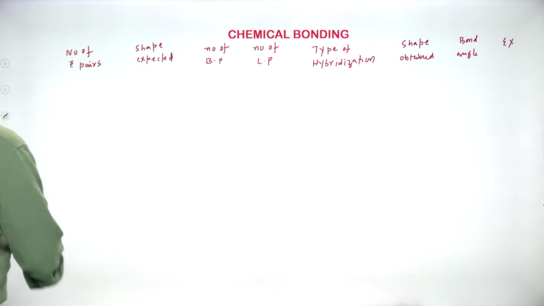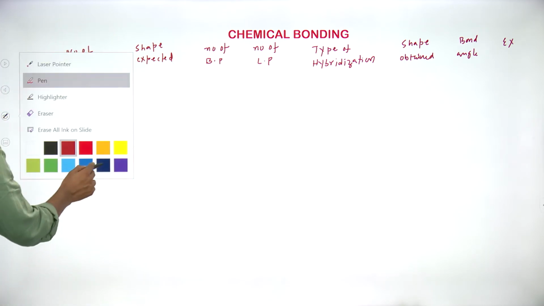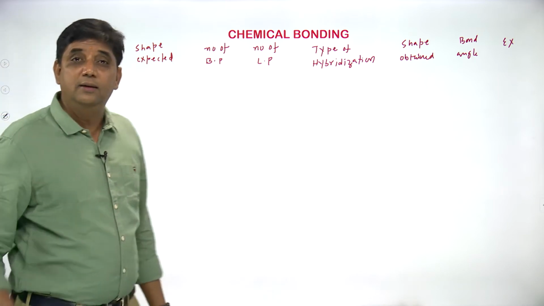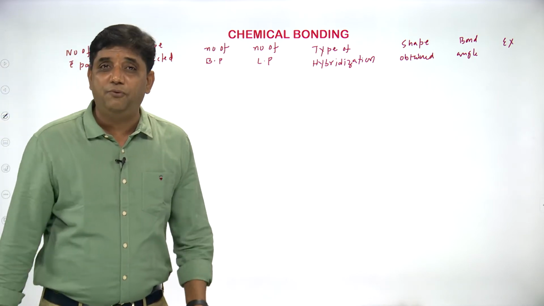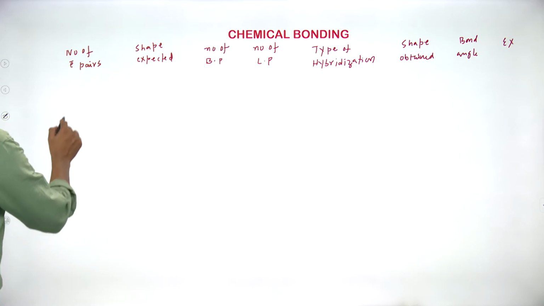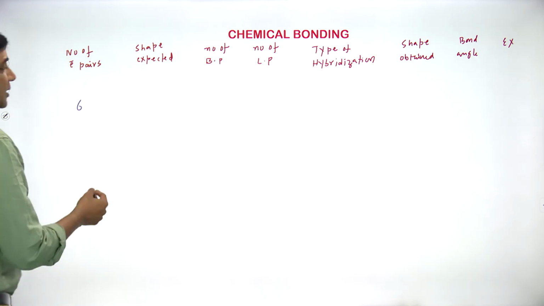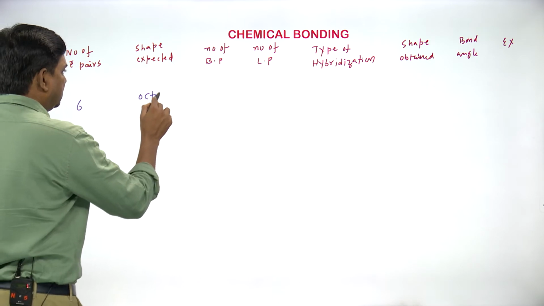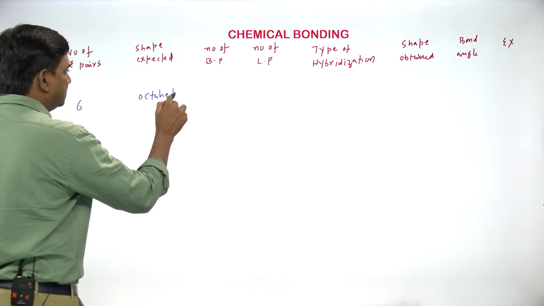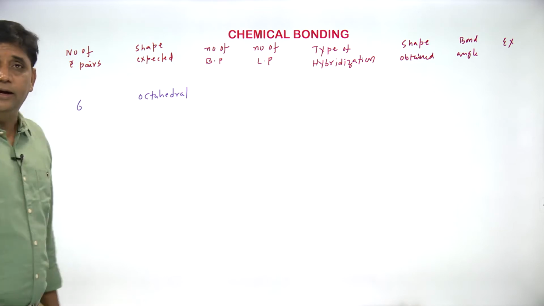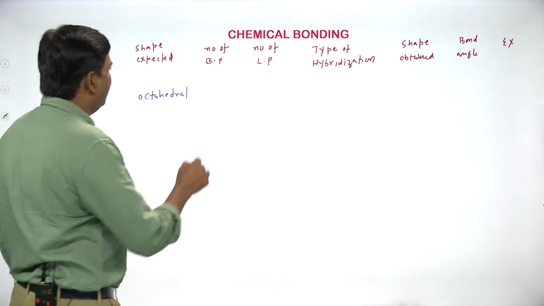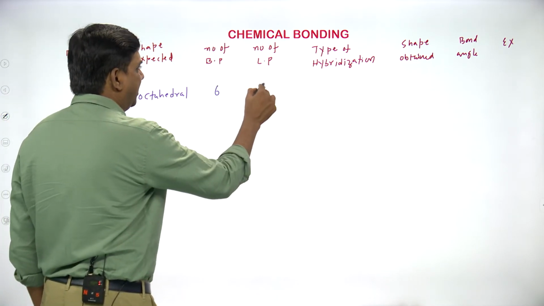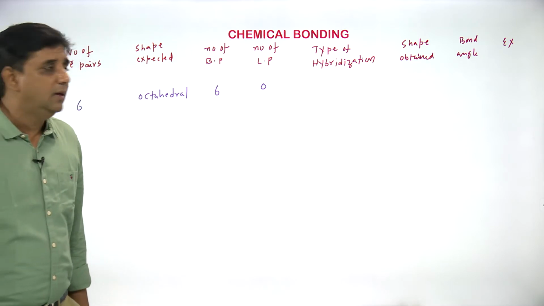Now students, I hope we have completed up to electron pairs 5. Now this is 6. Shape expected is octahedral. The number of bond pairs would be 6 and the number of lone pairs would be 0.